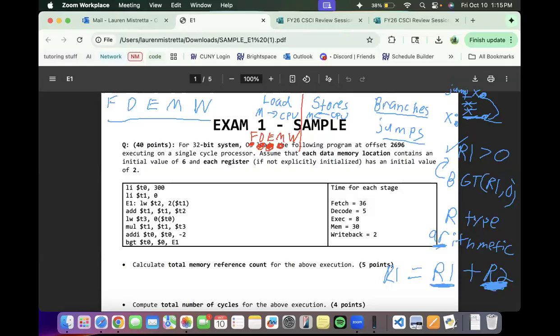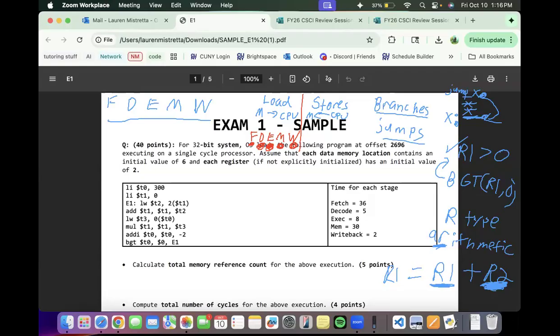Next, I have mem, because I actually now need to go get the memory address that this is coming from main memory. And then finally, write back. I have to actually get this state and write it to my CPU. So with that, we know we're going to be going through all 5 stages for that.